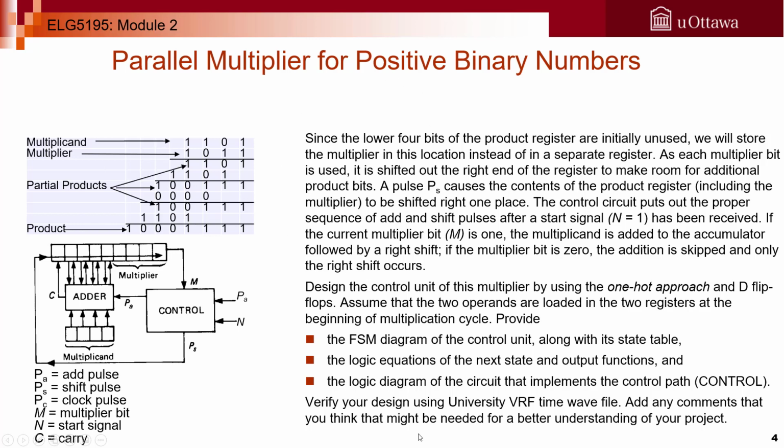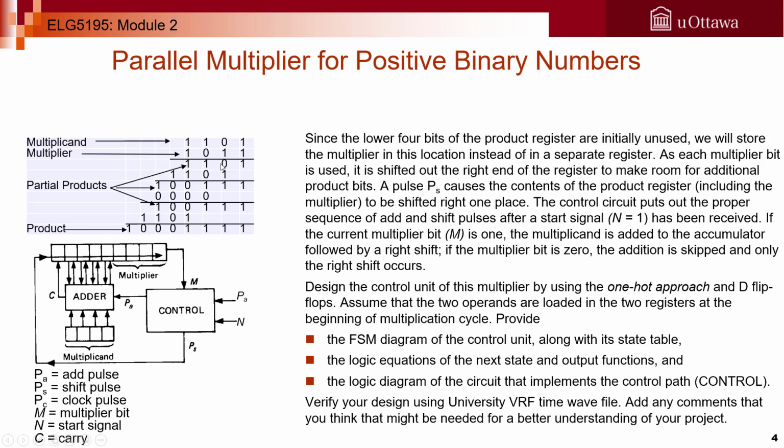In this project, I would like you to implement a parallel multiplier capable of multiplying two positive 4-bit numbers, so don't pay attention to the sign bit. Basically, we require a 4-bit multiplier register, a 4-bit multiplicand register, and an 8-bit register for the product itself.